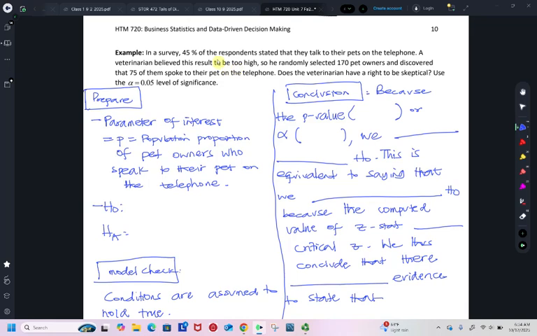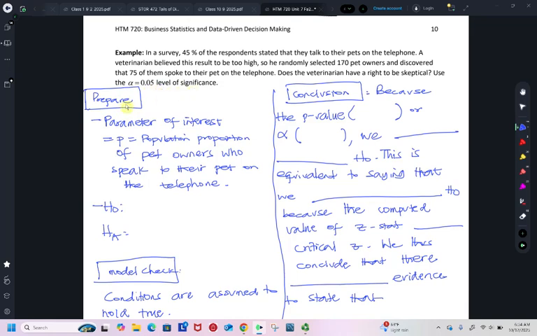So, believed that this number is too high. So, it should be lesser than 45%. So, he randomly selected 170 pet owners and discovered that 75 of them spoke to their pet on the telephone. Does the veterinarian have a right to be skeptical? Use the alpha equals 0.05 level of significance.